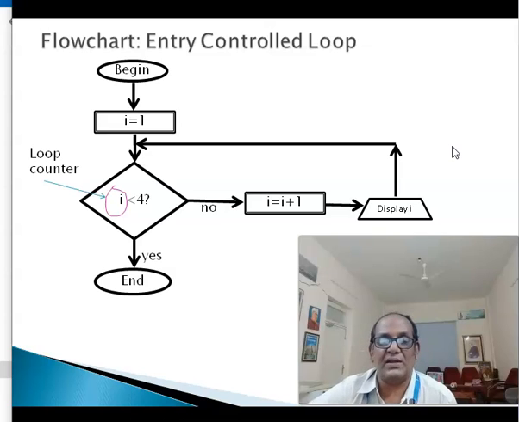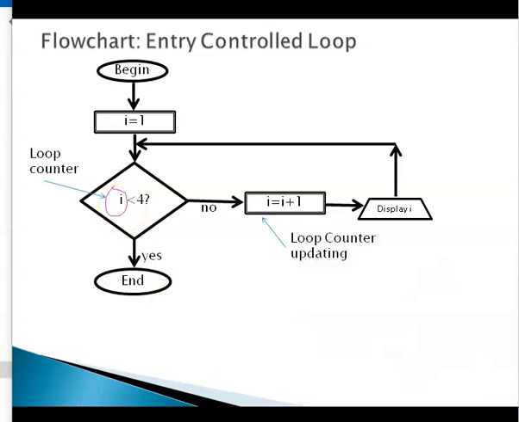Before that, let us note a couple of words. One, we call this I a loop counter, and then we call this I is equal to I plus 1 the loop counter updating, and then we say that these two statements put together, I is equal to I plus 1 and display I, we call the body of the loop.